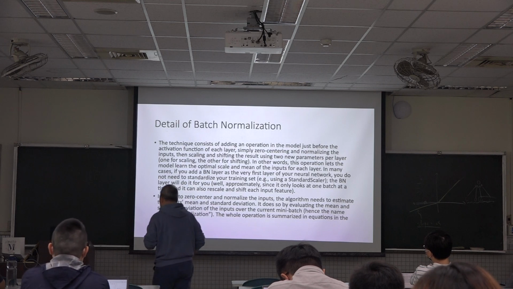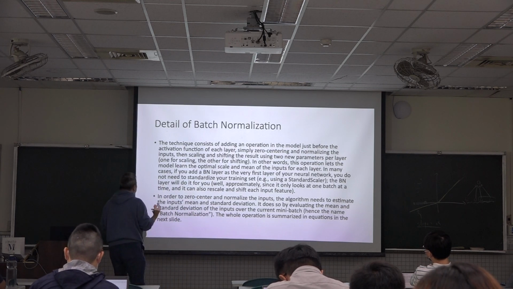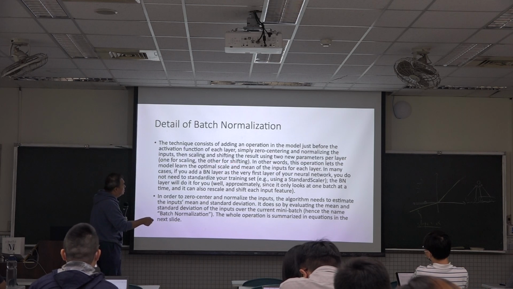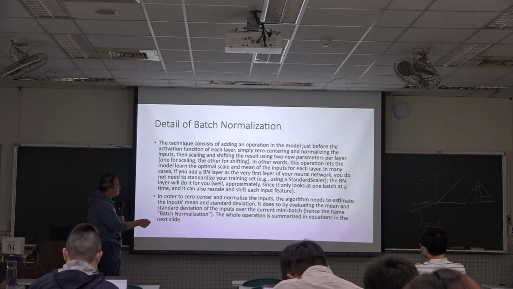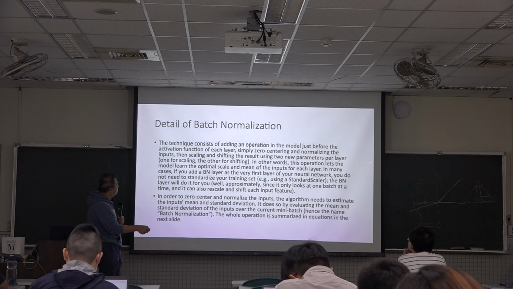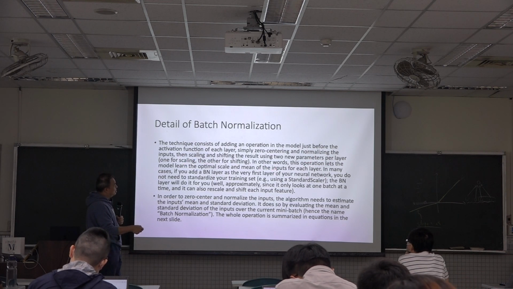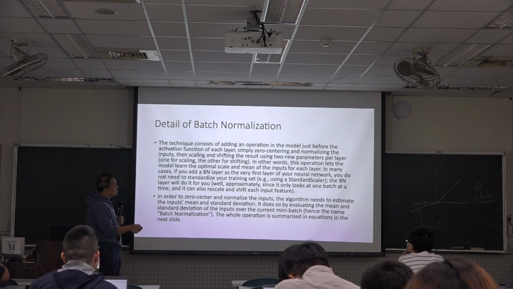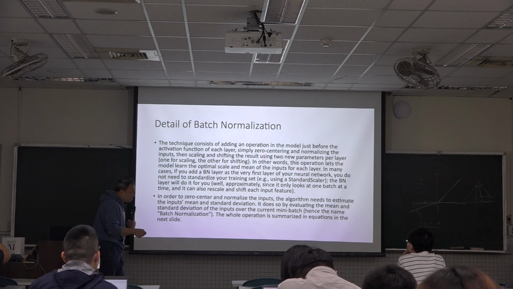Then we introduce two additional parameters called scaling and shifting. We scale and shift the result using two new parameters per layer, one for scaling, one for shifting. In other words, this operation lets the model learn the optimal scale and mean of the input for each layer.